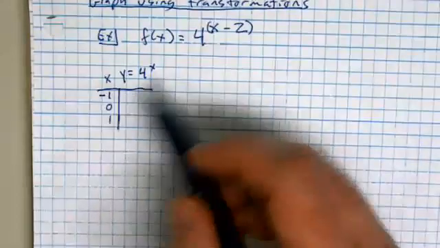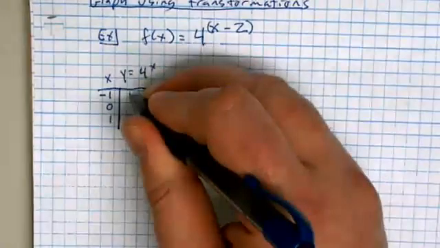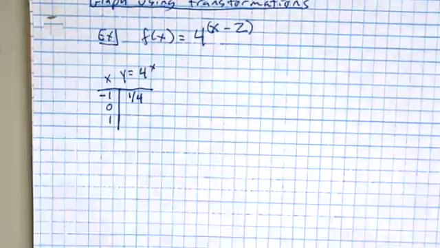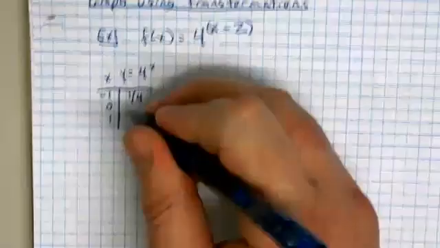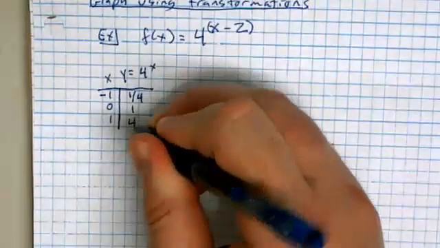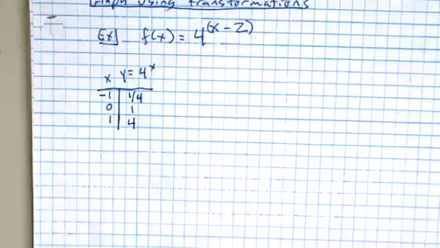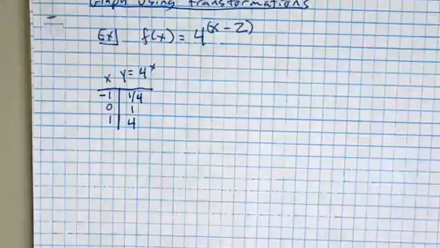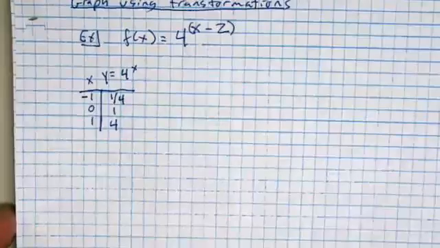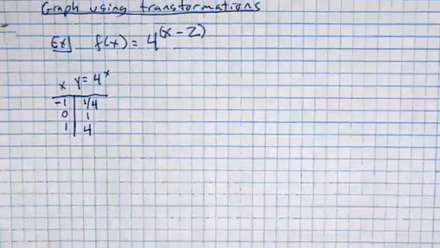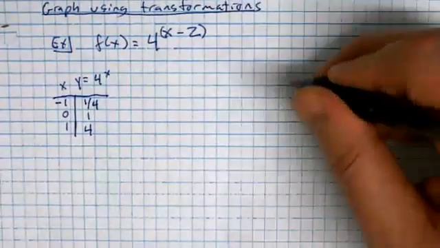So plugging negative 1 in here, 4 to the negative 1 is 1 over 4. 4 to the 0 is 1. 4 to the first is 4. And we got our 3 points. Now on the homework, I don't need you to graph every step along the way, but I think for our notes, it's a good idea to do this.